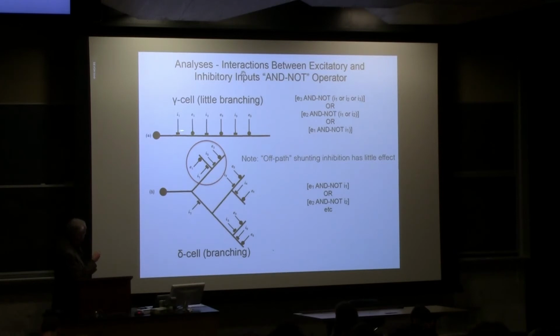This excitatory input is on and this inhibitory input is not activated. That's where the ORs come from, because there's multiple ways that signals from excitatory inputs could get through on this one dendrite. These are all the ways in which those excitatory inputs can get through to cause this neuron to fire.